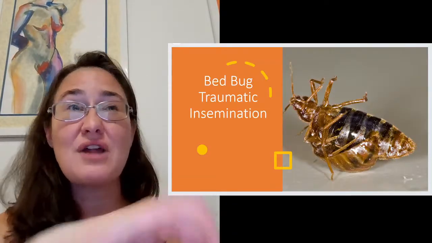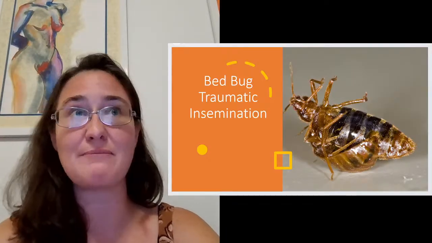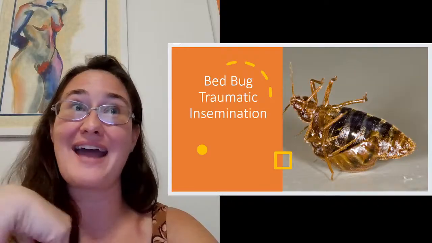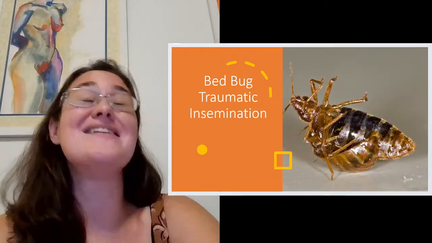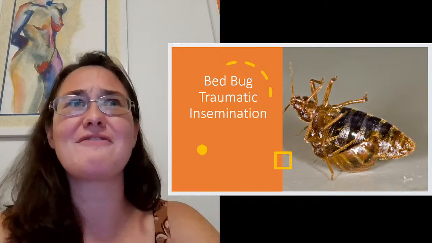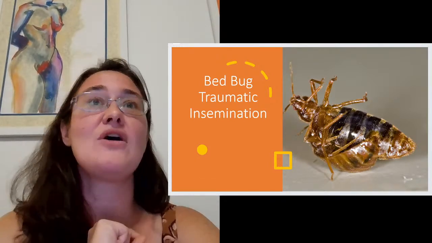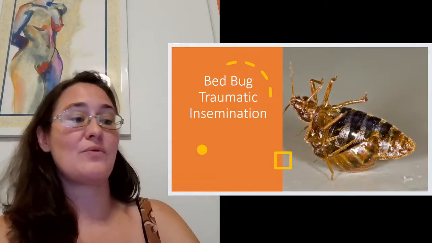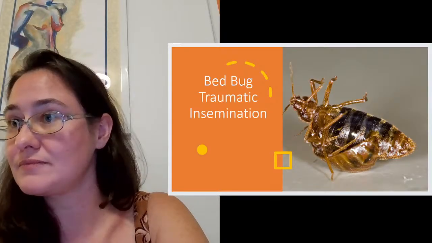So if you don't have a very close image of the head and the pronotum of a bed bug that you are looking at, it's possible that it is a bat bug from your attic. This is always just good information to know, because bed bugs and bat bugs look exactly the same, with the exception of that hair.